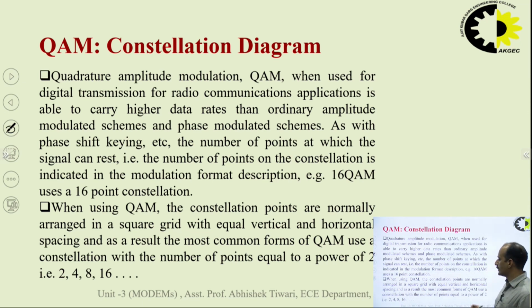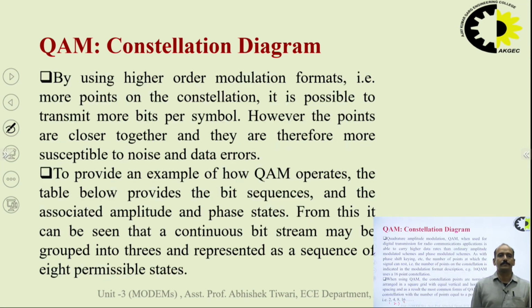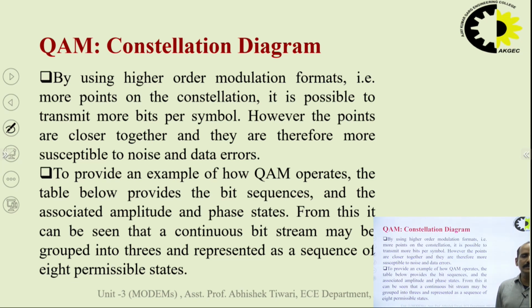For 2 the bits are 1, for 4 it is 2, for 8 it is 3, 4, and so on. So by using this QAM constellation diagram, you can understand that with a higher order modulation format, more points on the constellation, it is possible to transmit more bits per symbol. However, the points are closer together, and they are therefore more susceptible to noise and data errors.